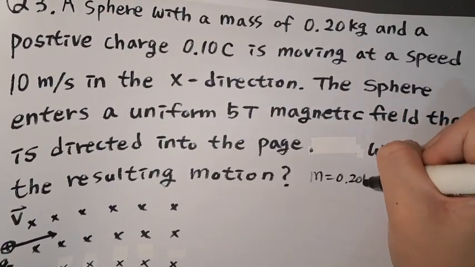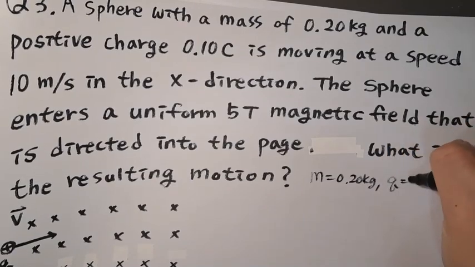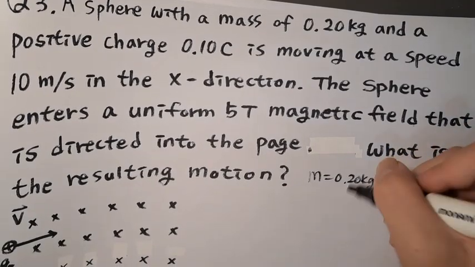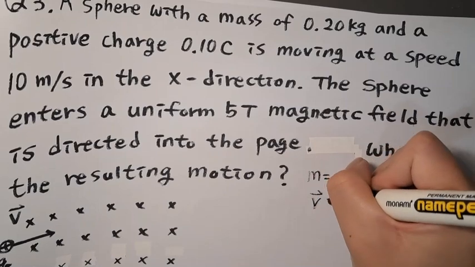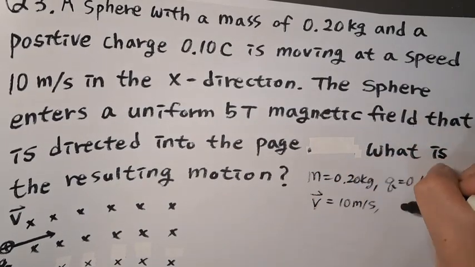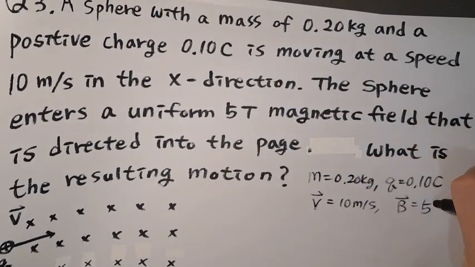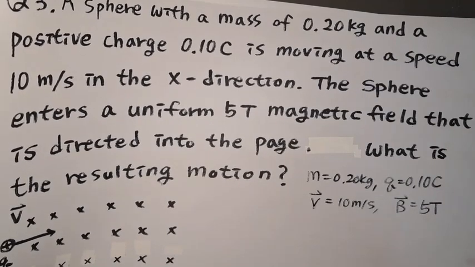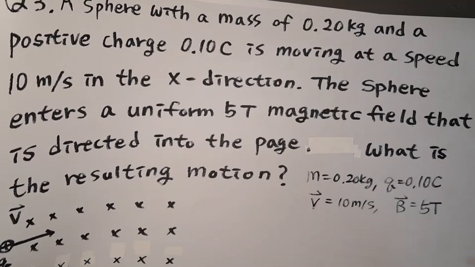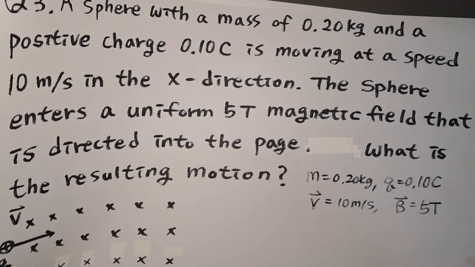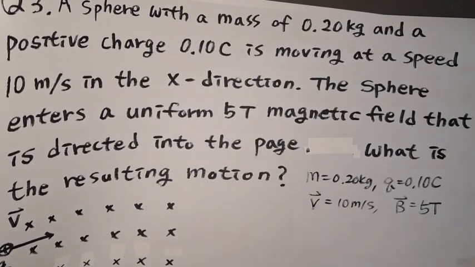So you can find this. The velocity is going to be 10 meters per second and the magnetic field is going to be 5 Tesla. And the right hand rule applies to positive charged particles and the charge will circle counterclockwise.